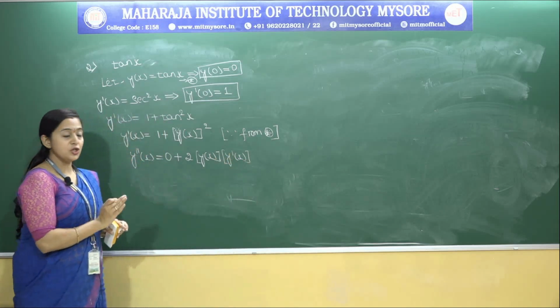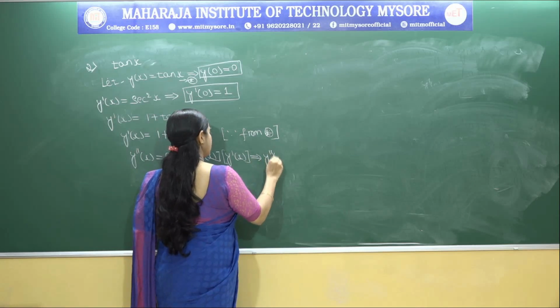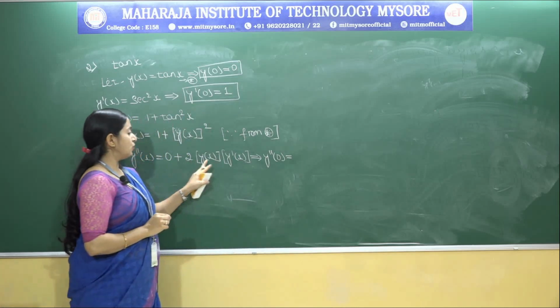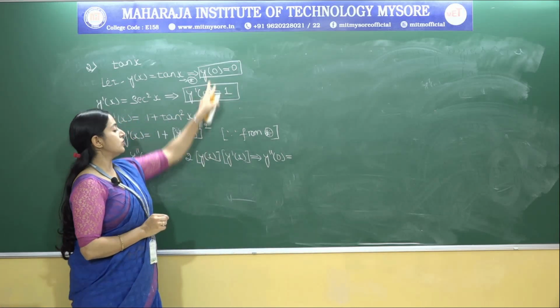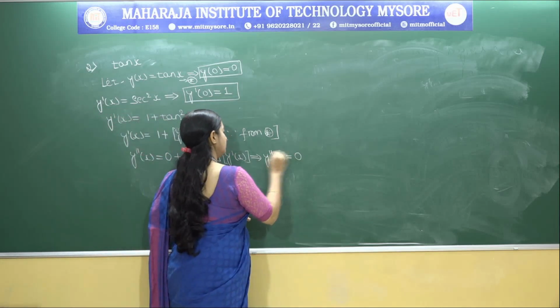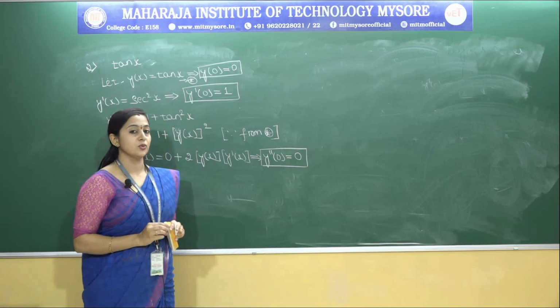Then put x equal to 0 in this step itself. So y double dash of 0 equals 2 into y of 0, and since y of 0 is 0, the whole term becomes 0. So y double dash of 0 equals 0.